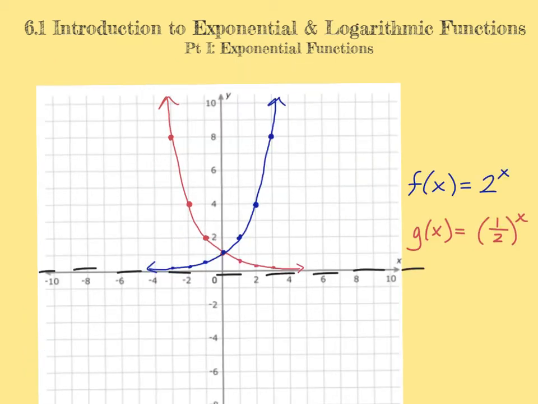This is pretty cool. Here's the relationship between 2 to the x and 1/2 to the x. They're actually a reflection about the y-axis, and the reason for that is because we can write 1/2 to the x as 2 to the -1st to the x, because 2 to the -1st is 1/2, and using properties of exponents, we can multiply these two together, and it's really 2 to the -x, which means a reflection about the y.